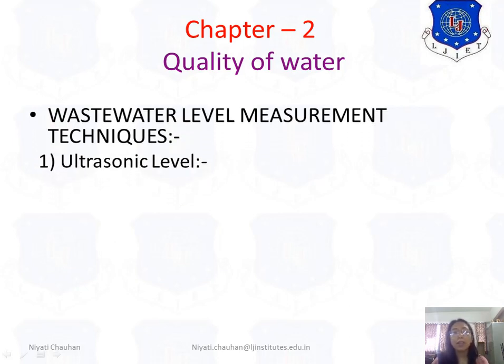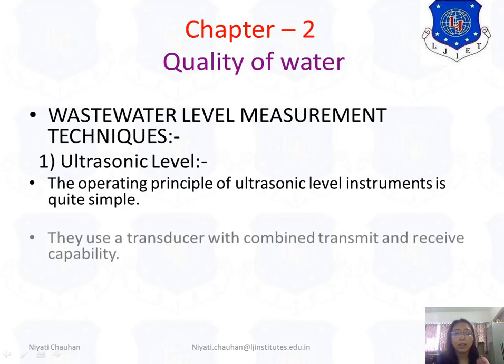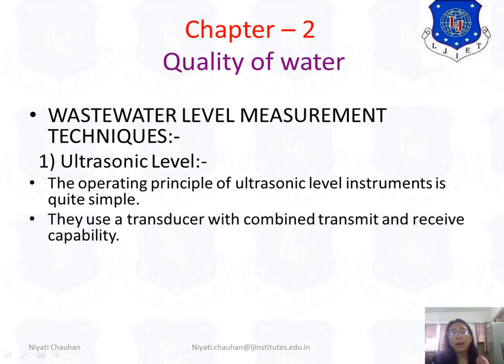Wastewater level measurement techniques. First, I discuss the ultrasonic level measurement technique. The operating principle of an ultrasonic level instrument is quite simple. They use a transducer with combined transmit and receive capability.